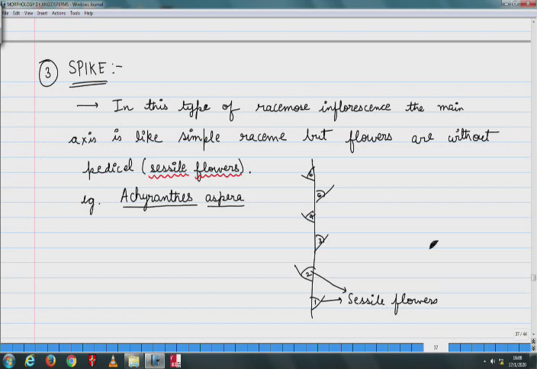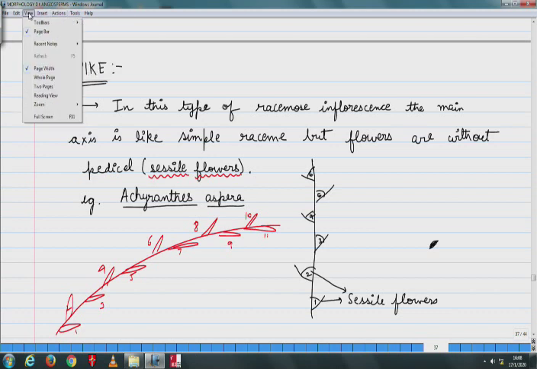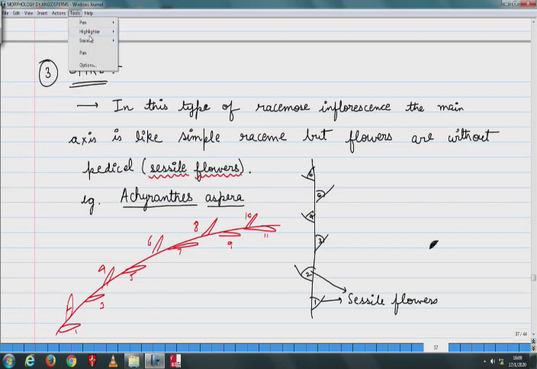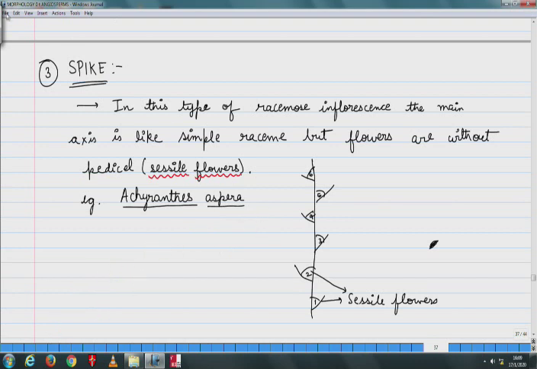That means there is a long flowering axis, with flower number 1, 2, 3, 4, 5, 6, 7, 8, 9, 10, like this. So this is what is happening here, right?